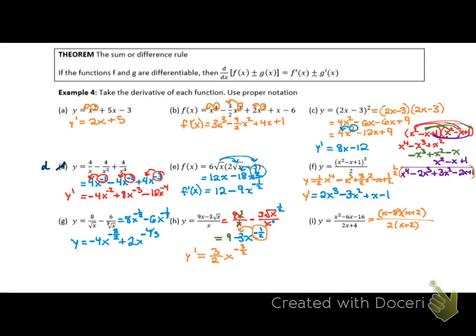Because 2x and 4 both have 2's in them. So that goes away, and we end up with x minus 8 over 2. That can be separated. We can rewrite that as 1/2 x minus 8 over 2, which is 4. So now when we take the derivative of that, y prime is just the derivative of 1/2 x because the derivative of a constant is 0. So the answer is 1/2.